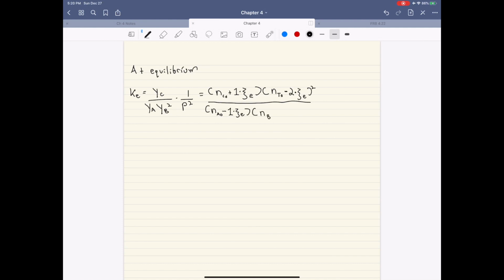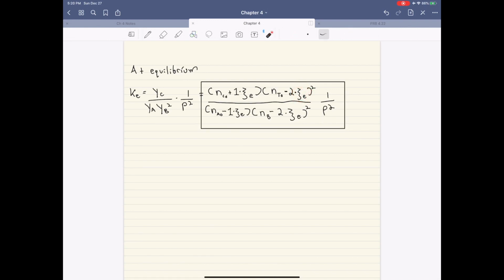And B minus 2 times squared, and there's a 1 over P squared here. Okay? And so this is the relationship that relates your extent of reaction now to your equilibrium constant.